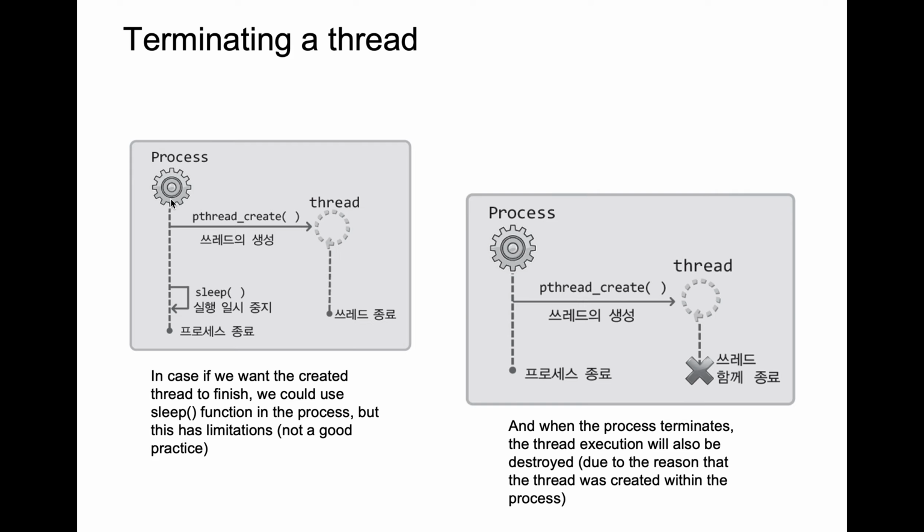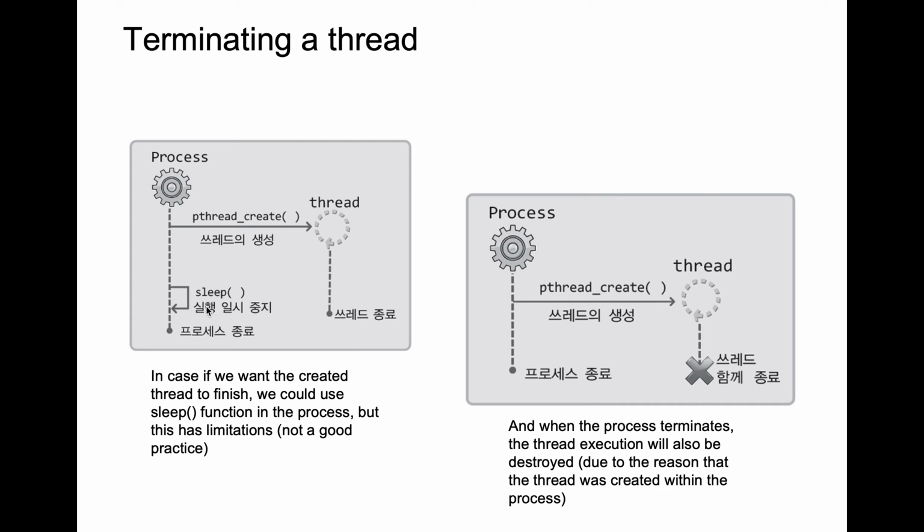For example, if your downloader is downloading that file and you click that little X button on the left side, the operating system kills that process. And when it kills it, all the threads that are inside the process will also be terminated, like the example on the right side. As the process is going to be terminated, everything inside the process will also be terminated. What we want to do is have that process wait for that thread to terminate.